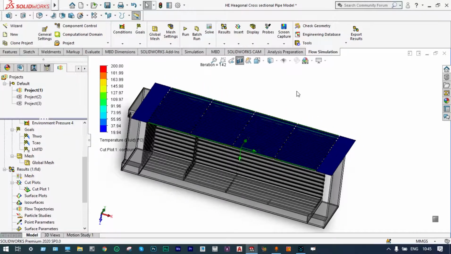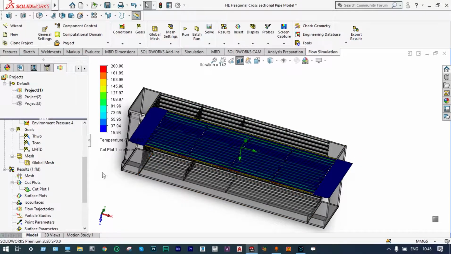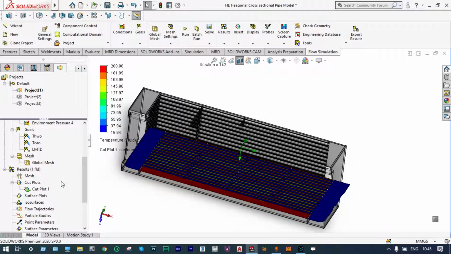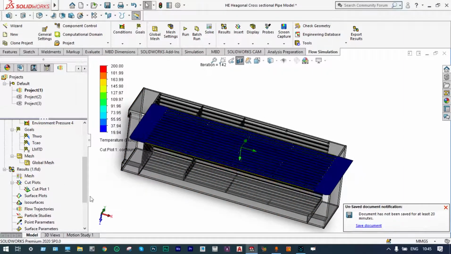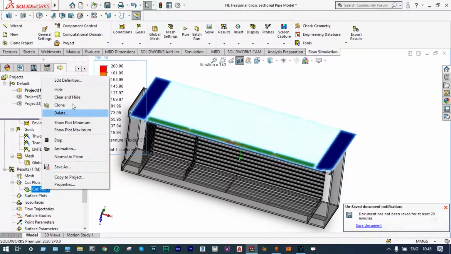Again, if we change this pattern from side walls, let us see the variation of temperature of fluid from side walls. Let us close these things. Cut plot 1, clear and hide.